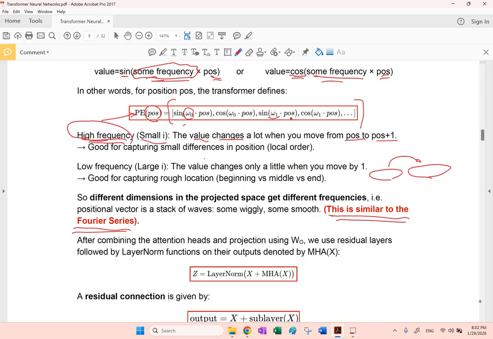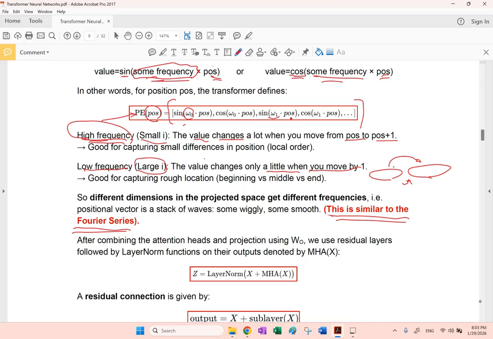So the directions in the high dimensional space with small i's can capture these fast changes between the meanings of the words. But if i is large and frequency is low, this is when the meaning is barely changing. You go from here to here, but the meanings of these two words are very close.